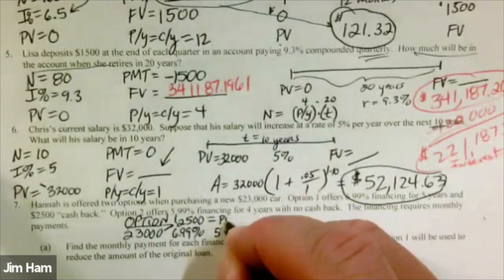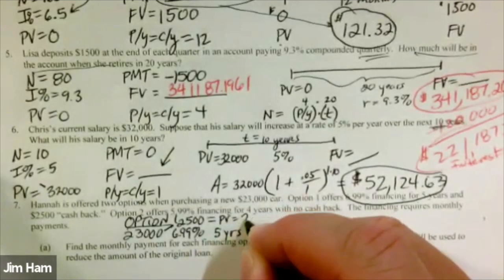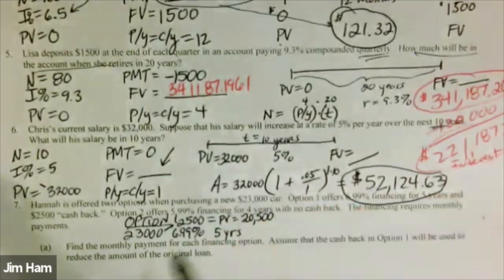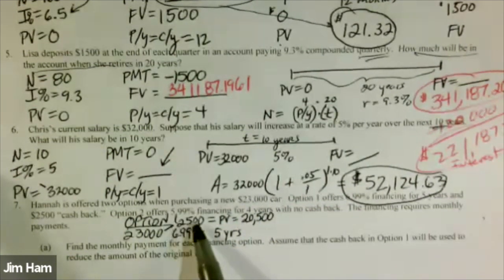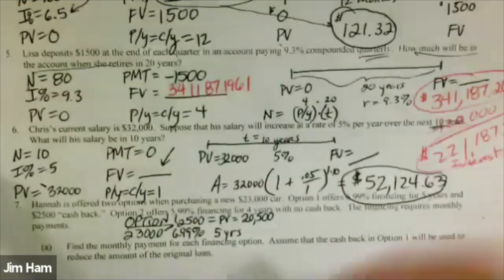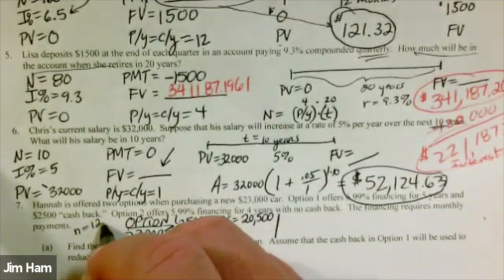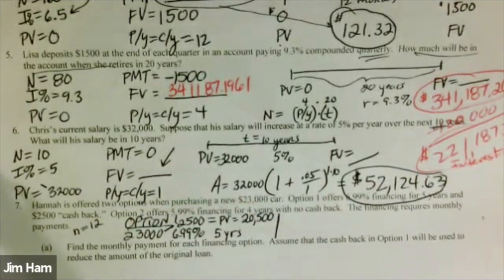So the present value here is going to be $20,500. So it's the 23,000 minus the 2,500. And the little n is equal to 12 because we pay monthly payments. In the TVM solver, this would be payments per year, compounding per year would be 12.